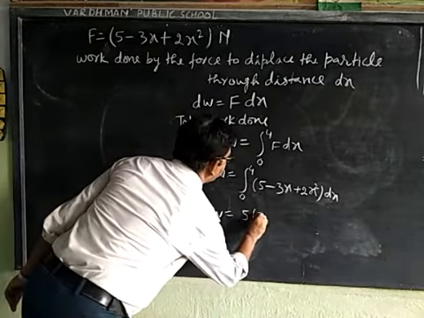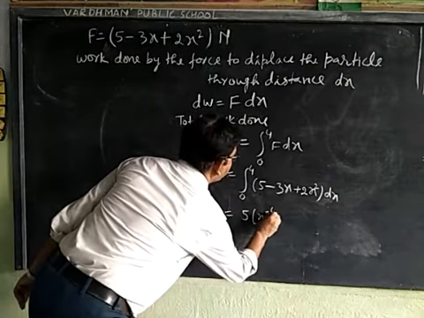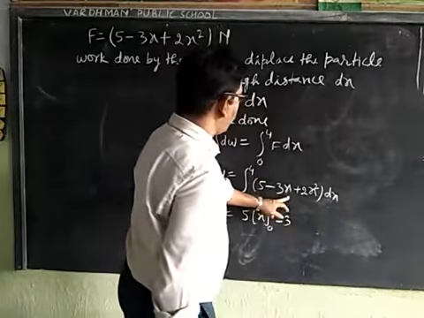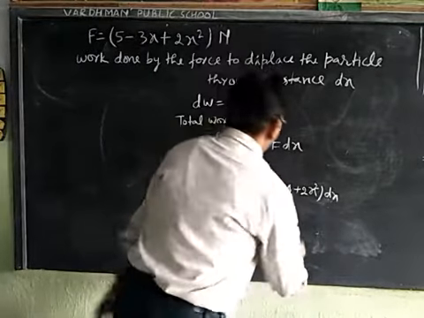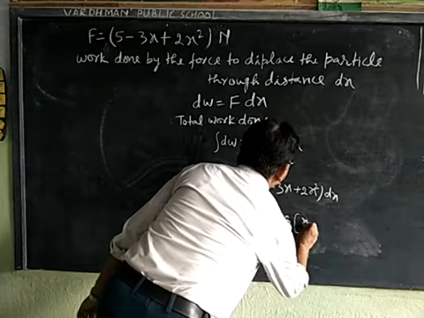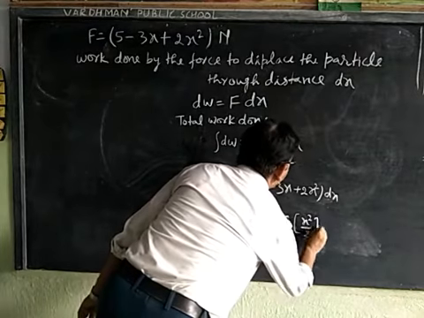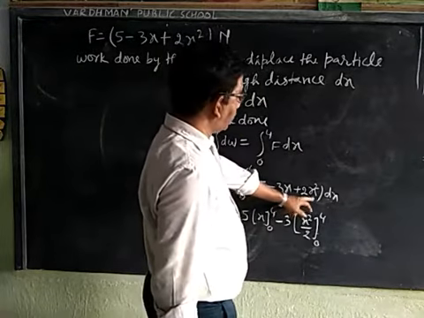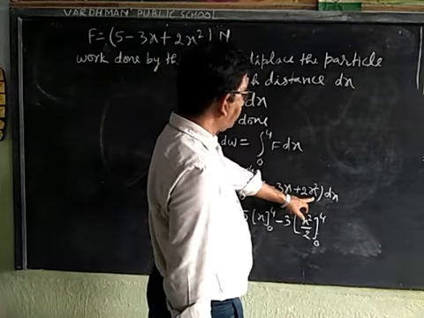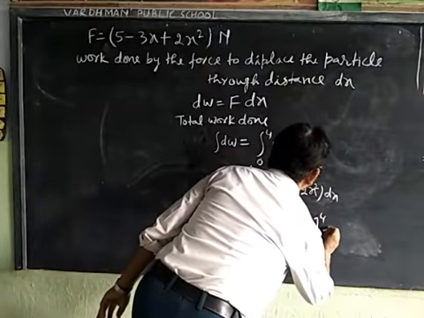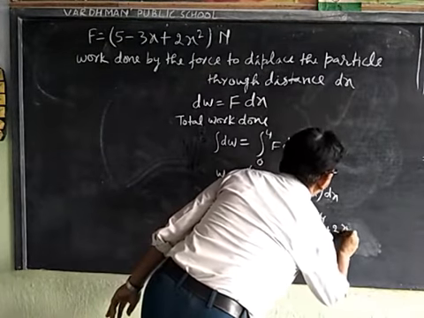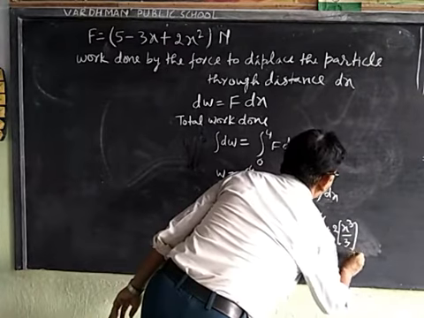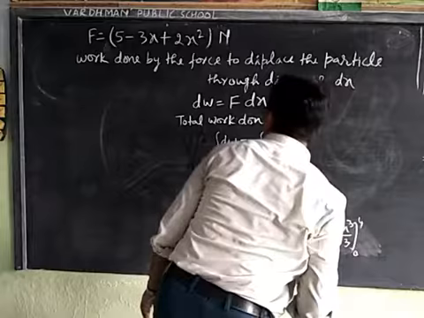5x, lower limit 0, upper limit 4, minus 3. Integration of x is x square upon 2, lower limit 0, upper limit 4, plus integration of 2x square is 2x cube upon 3, lower limit 0, upper limit 4.